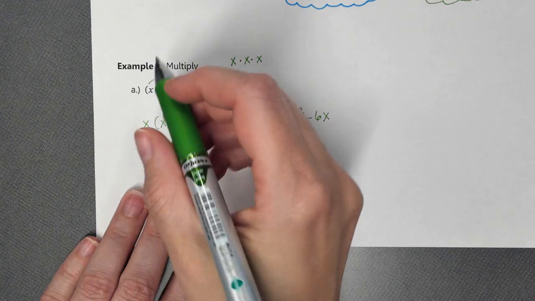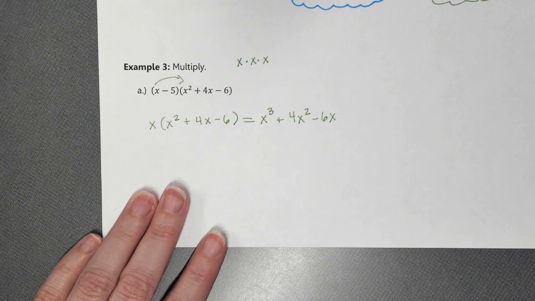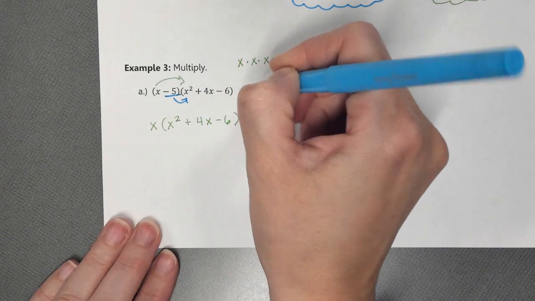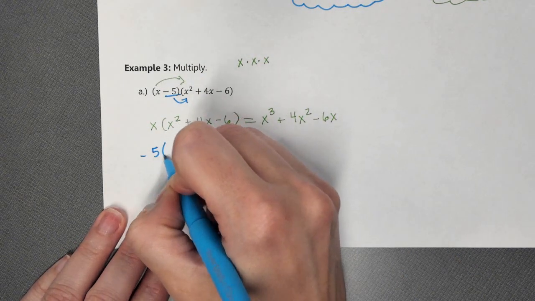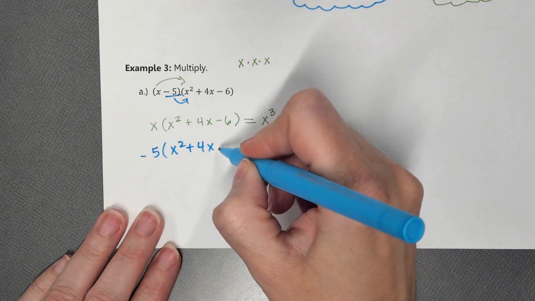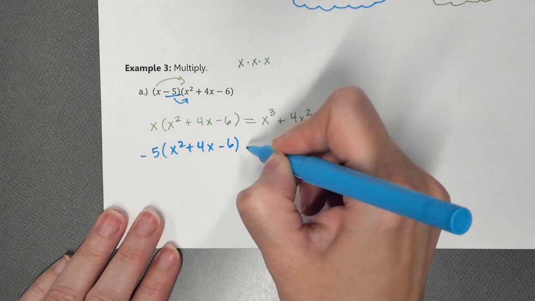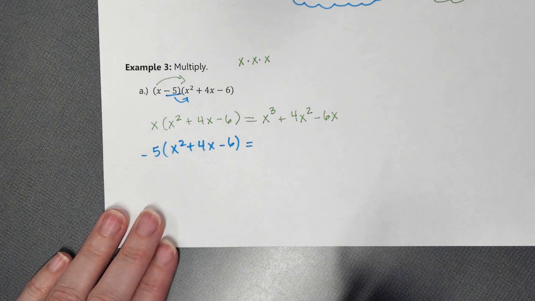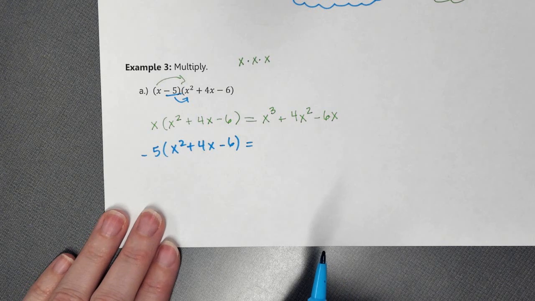The next step is distributing the negative 5 to everything. So when you multiply everything by negative 5, I'm going to show you how to line this up so that you can add the like terms straight down. Get that written down with me and then we'll do the next part together.